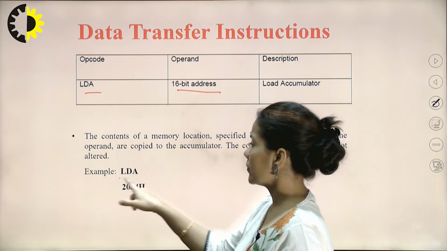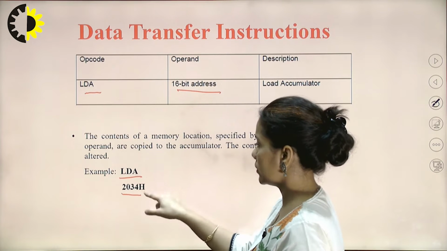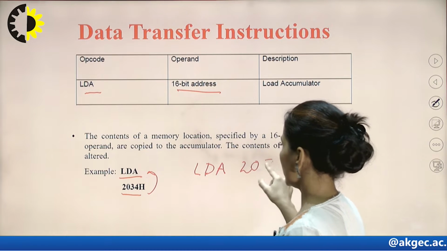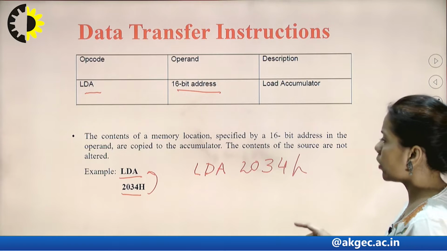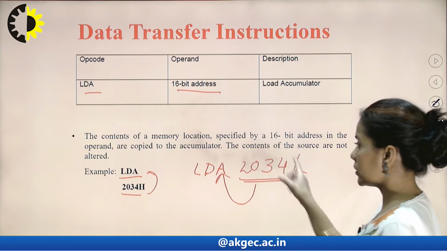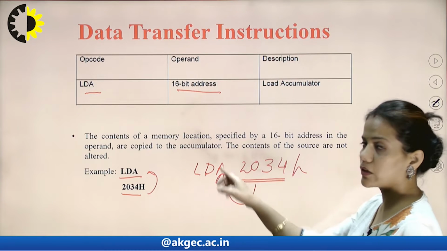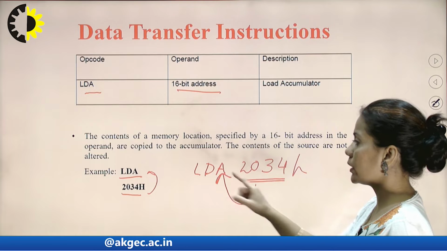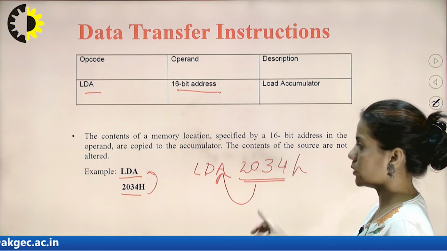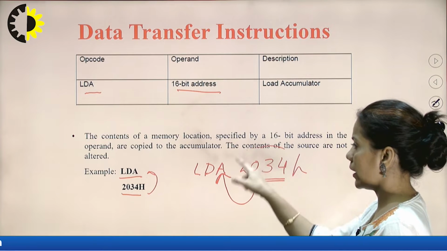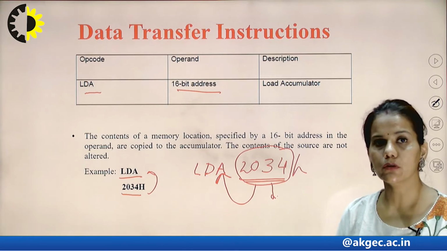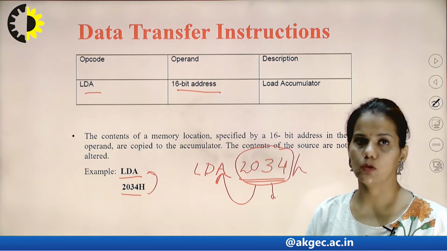For example, LDA 2034H will copy the contents present at this memory location into A. Please note that this is not the content being directly copied to A, because this is not the immediate addressing mode. This is the direct addressing mode. This is the address, and the contents present at this address will be loaded into the accumulator. So LDA loads the accumulator.